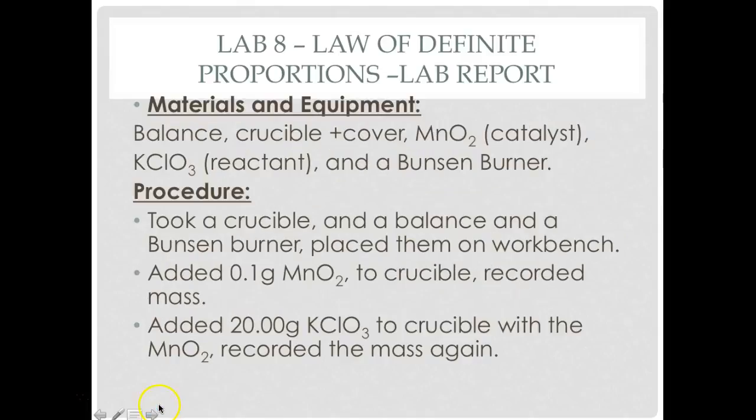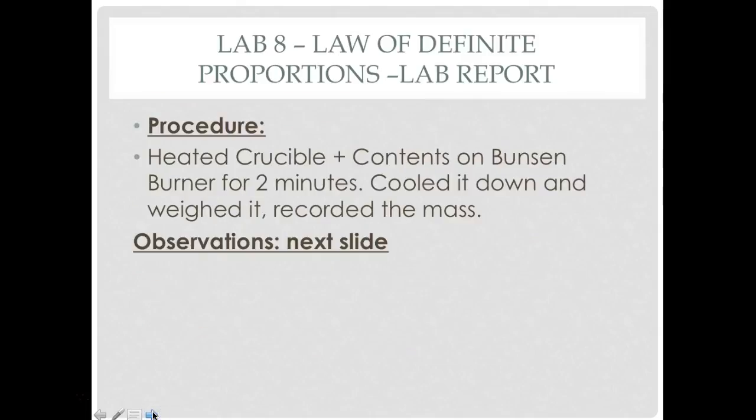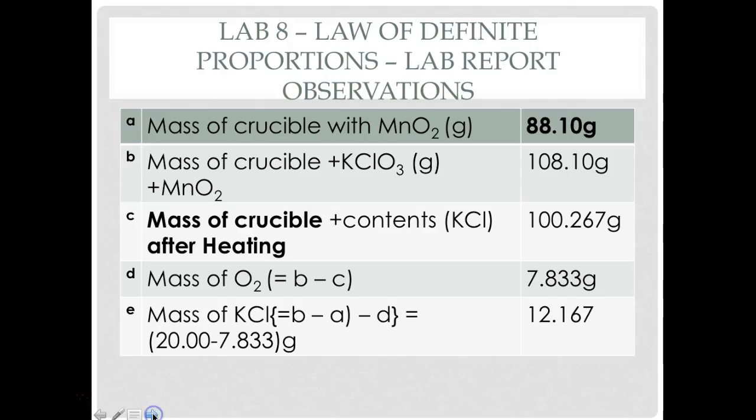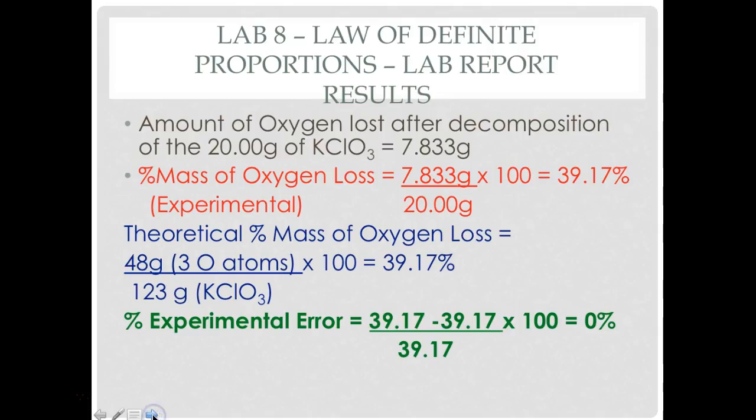So I list all my materials, equipment, procedure, write up my procedure, and then my observations, which is my data table, and then my results, which shows that my experimental percentage and theoretical percentage are exactly the same, and my percentage experimental error is 0%.